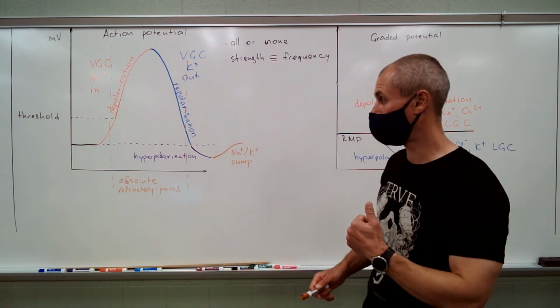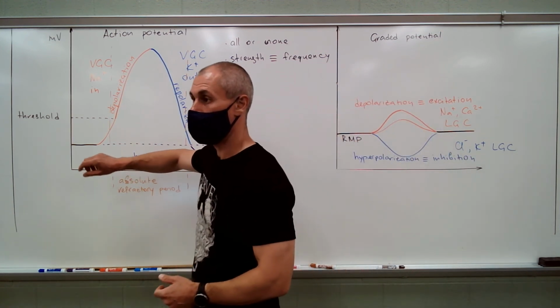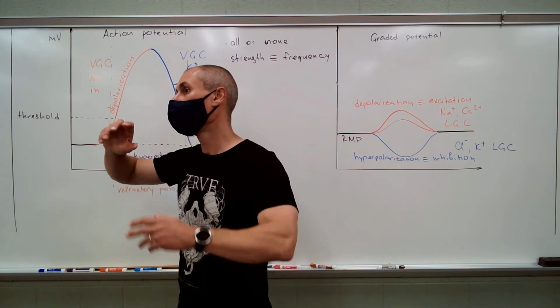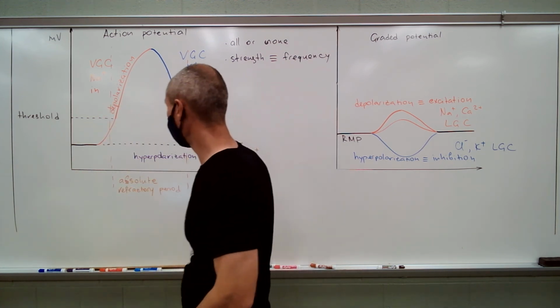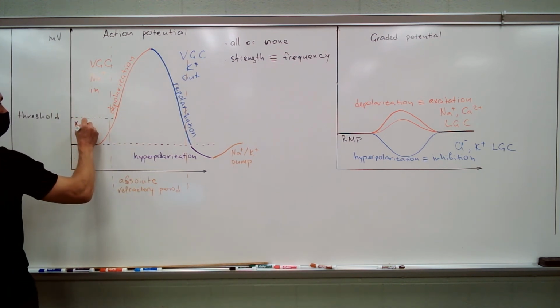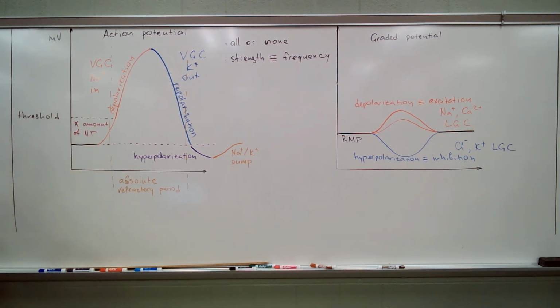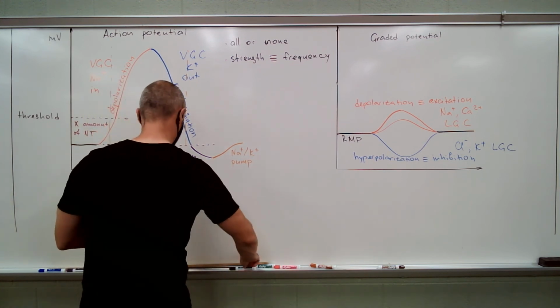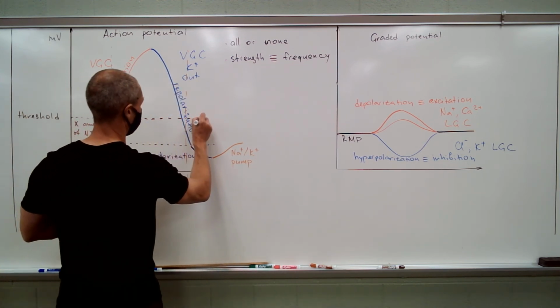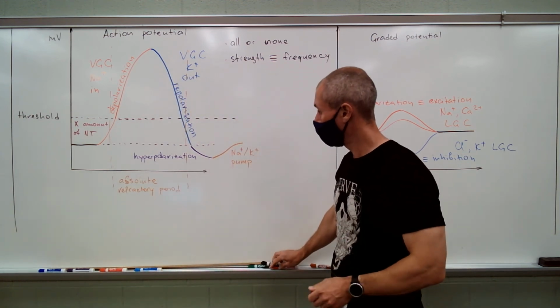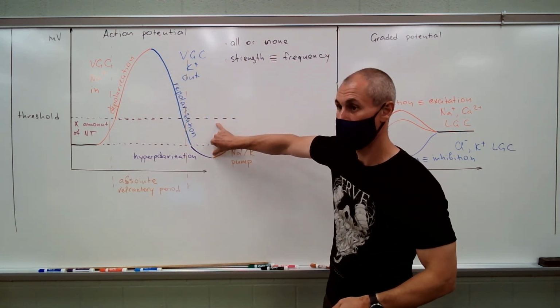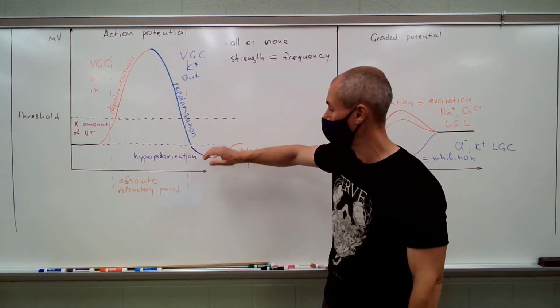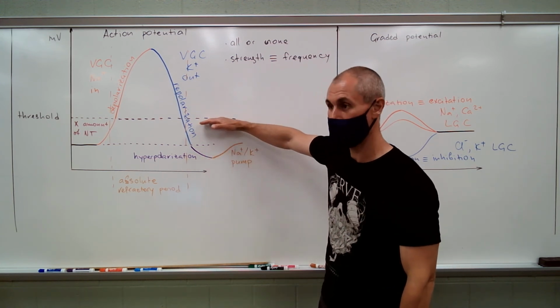Now, let me ask you this. Let's say you need X amount of neurotransmitter to get from resting membrane potential to the threshold. Okay? What about here? How much neurotransmitter do you need to get from that bottom to threshold?